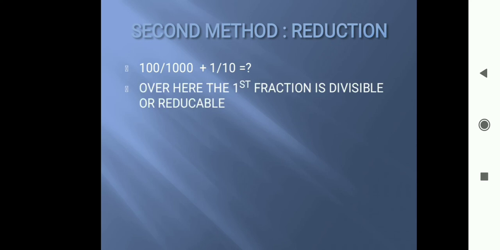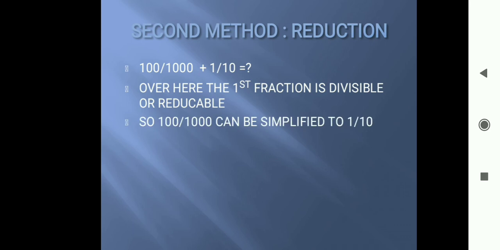Second method, reduction. This method is applicable when you have to make smaller numbers, or this method can also be used to simplify fractions, that we will see. Over here the first fraction is divisible or reducible. So 100 upon 1000 can be simplified to 1 upon 10, because 100 into 10 is equal to 1000.